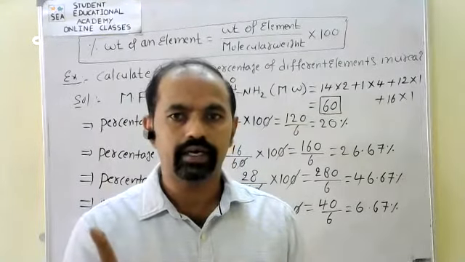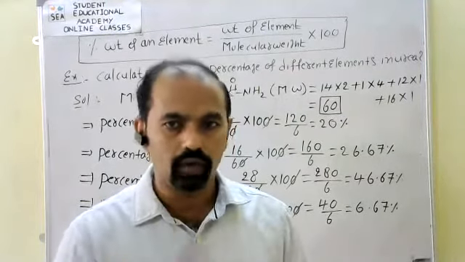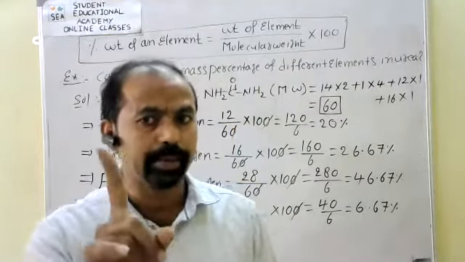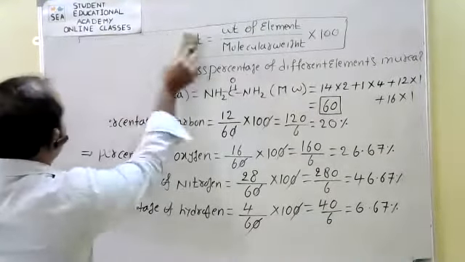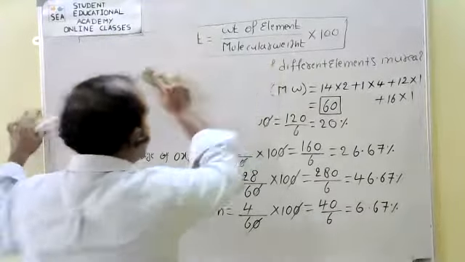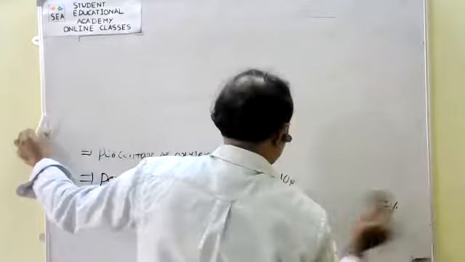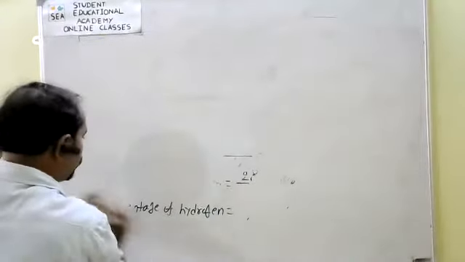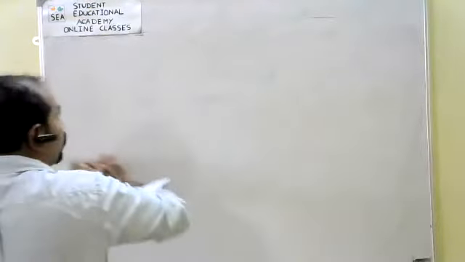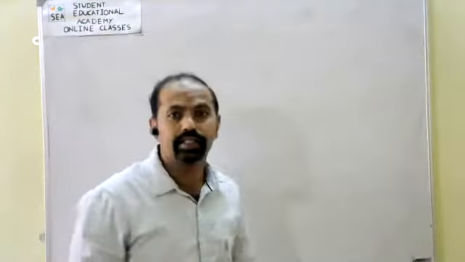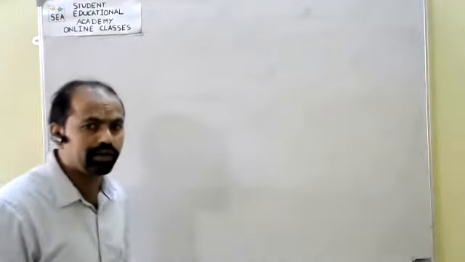Based on that, we calculate the molecular formula, when it is possible, if we know the empirical formula. Okay, see, it is an important model, where the percentage weight of an element is given. Based on that, how to calculate the empirical formula and molecular formula.